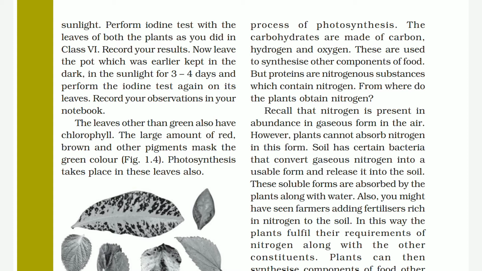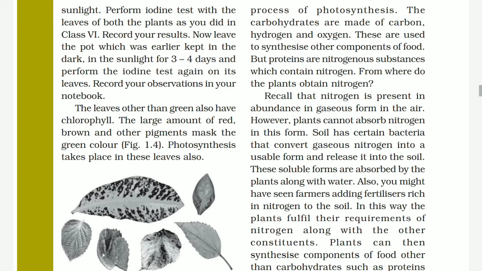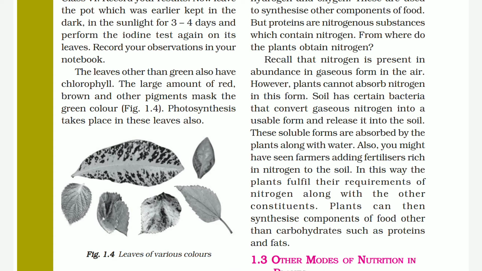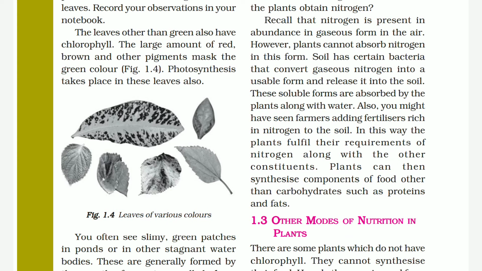If you remember, nitrogen is the highest part present in the atmosphere, right? However, plants cannot absorb nitrogen from the environment. Soil has certain bacteria that convert this gaseous nitrogen into a usable substance and release it into the soil. So the soluble forms of these are absorbed by the plant along with the water.